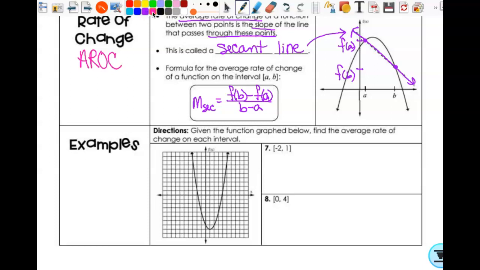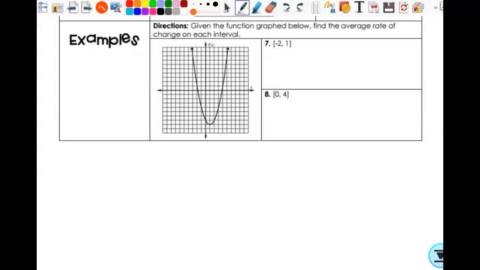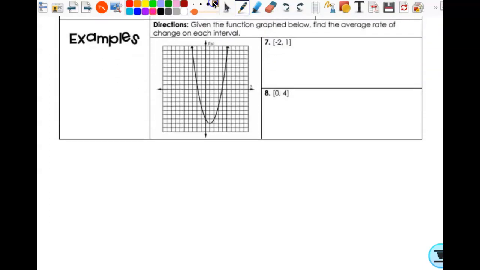Okay, so let's look at number 7. I've got this interval from -2 to 1. All right, so when x is -2, y is what? 1. When x is 1, y is down here, right?